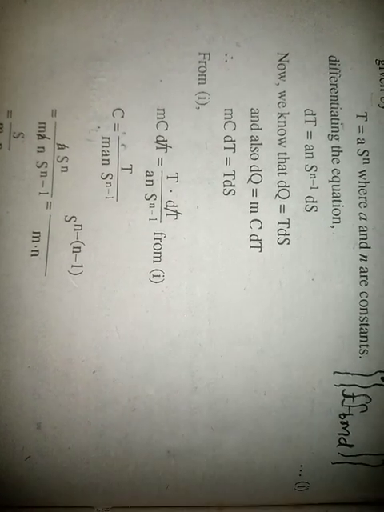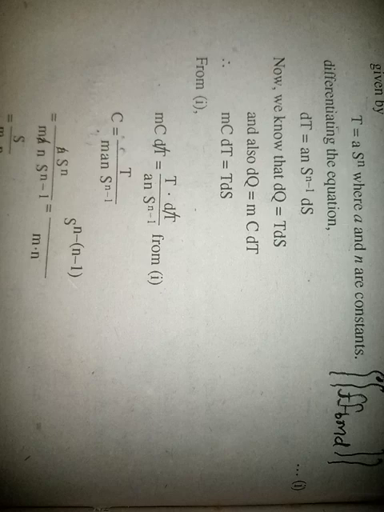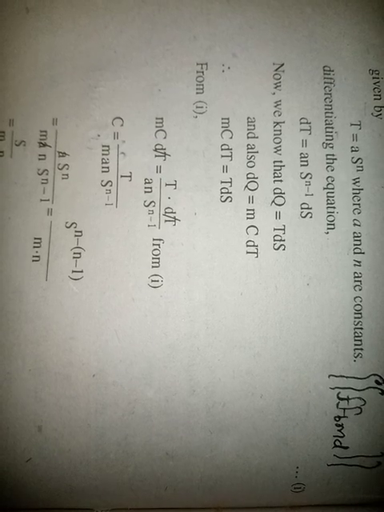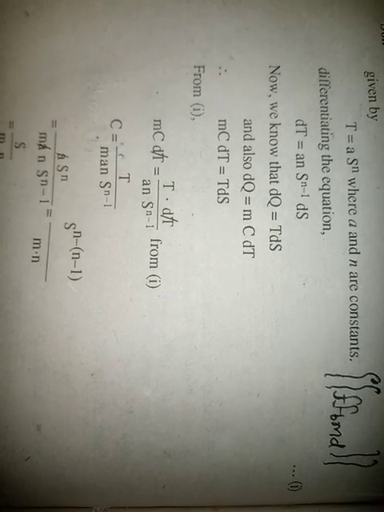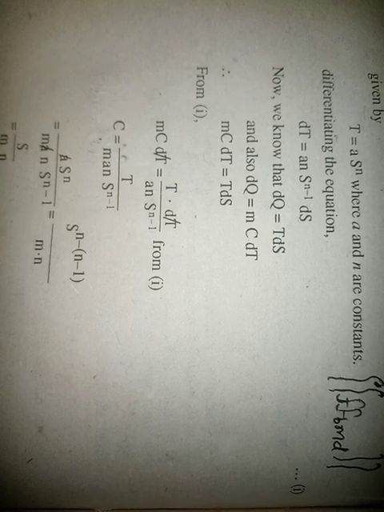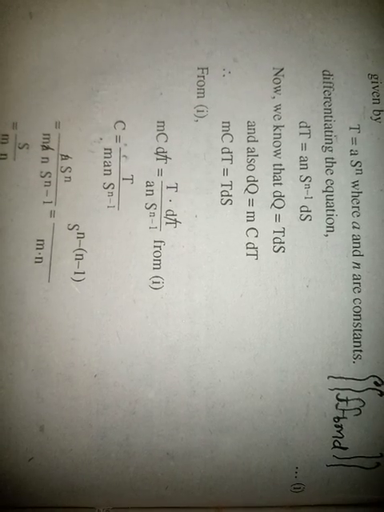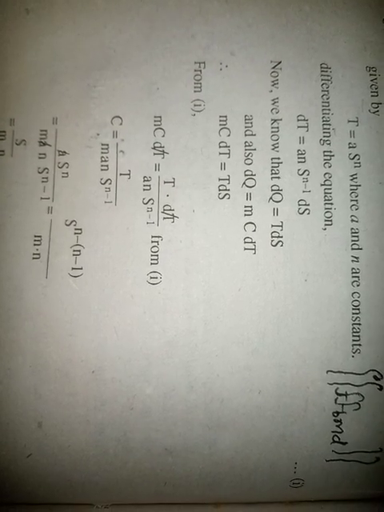So from 1, m times C dT equals T dS, where dT is A times n times S to the power n minus 1 dS.